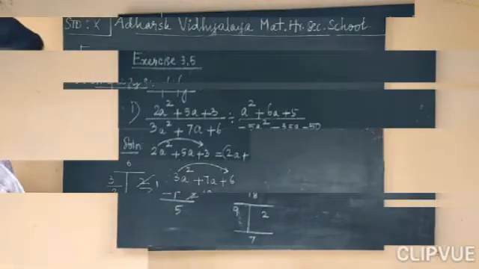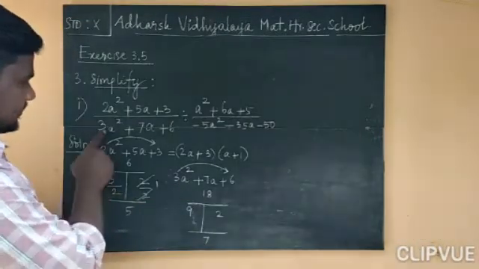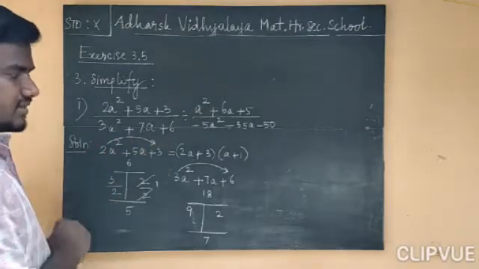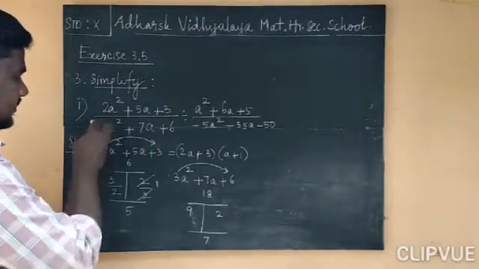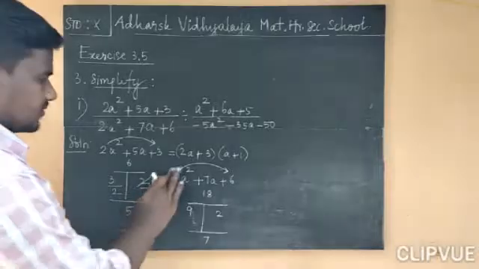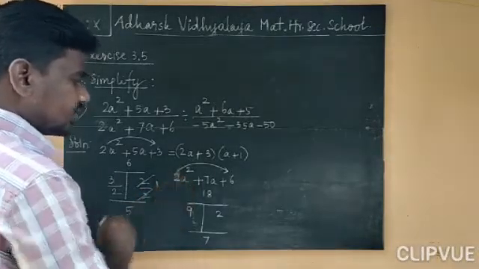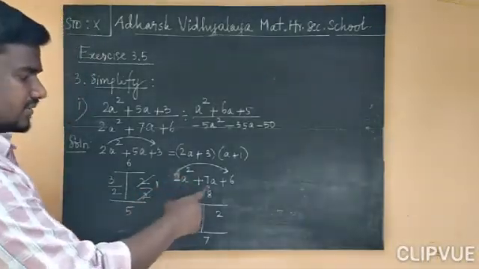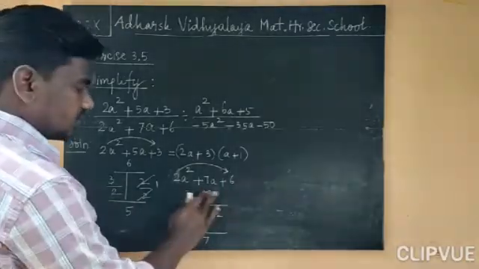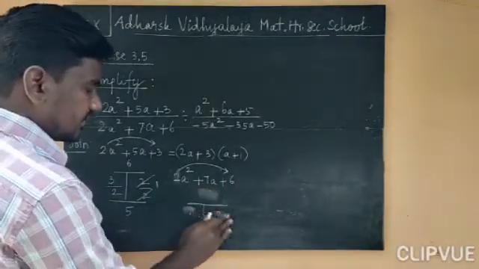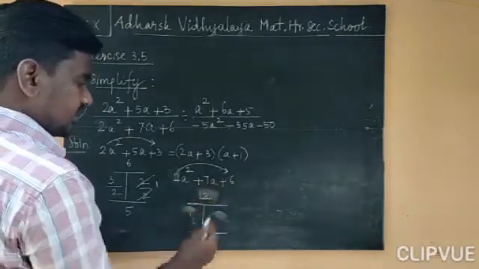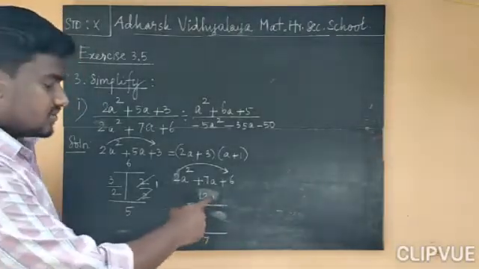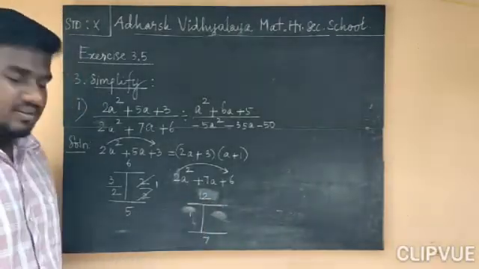We found a mistake in this question. Here 3a square plus 7a plus 6 is given. Actually this is not 3, this is 2, so you have to change it in the textbook also. So 2a square plus 7a plus 6. 2 into 6 becomes 12. The product of two numbers is 12 and the sum of the same two numbers is 7.